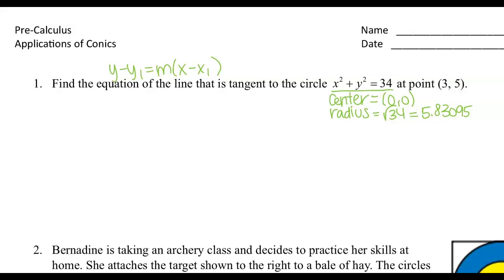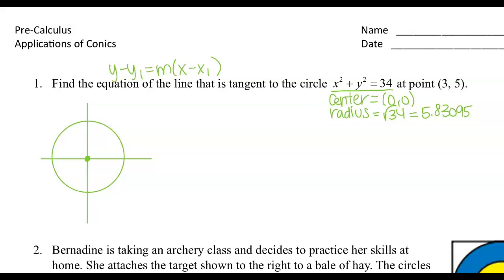This does require you to think back to geometry, so let's draw this out to see what we have. We have our coordinate plane, and centered at the origin, we have this circle. The circle I just drew in green has a radius of 5.83095 and so on.